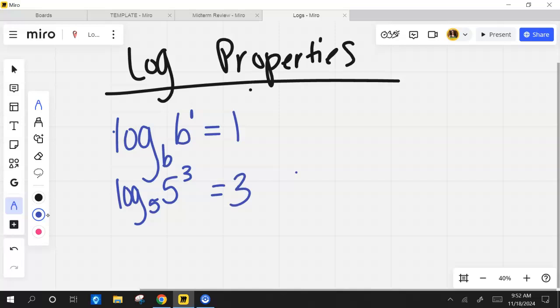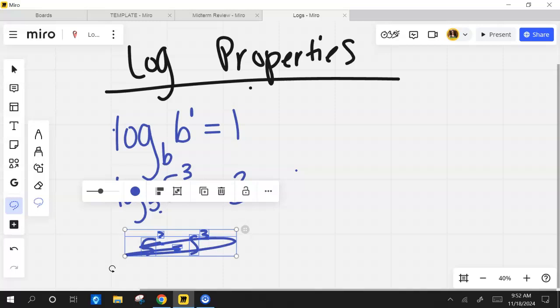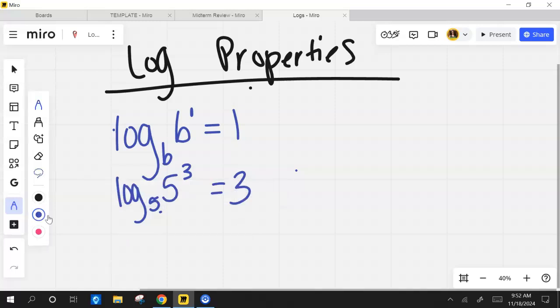It equals that exponent, because 5 to the what power would give you 5 to the third? Well, the what would be 3. That's a basic property that tends to make you stumble a little bit. But if the base and that number are the same, then it just equals 1. If there's an exponent on that number, then it just equals the exponent.